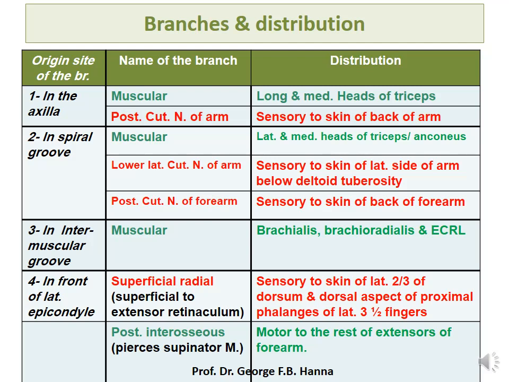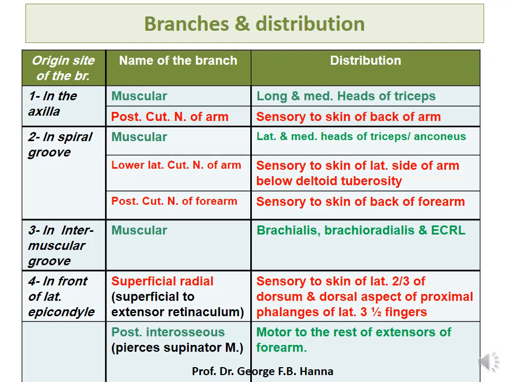And in front of the lateral epicondyle, you have 2 terminal branches: superficial radial, superficial to extensor retinaculum, to supply the sensory branches to skin of lateral 2/3 of the dorsum and dorsal aspect of proximal phalanges of the lateral 3.5 fingers, as well as posterior interosseous nerve, which pierces the supinator muscle to supply motor fibers to the rest of the extensors of the forearm.